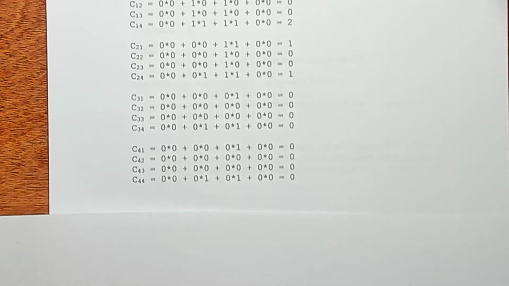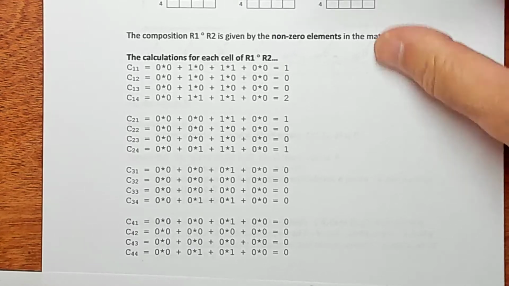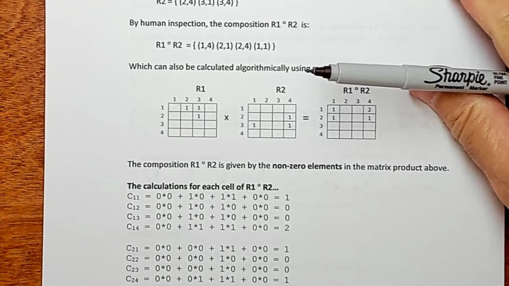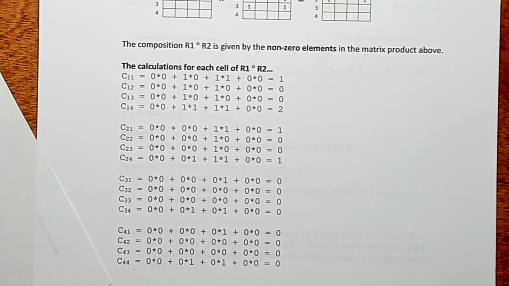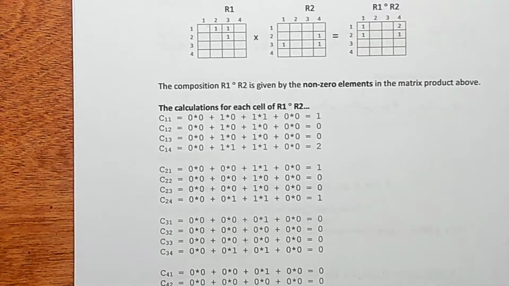And here's a calculation showing the details. This is good. Maybe it's another example of matrix multiplication, because I am going to ask you to implement matrix multiplication. So there's another example on it.